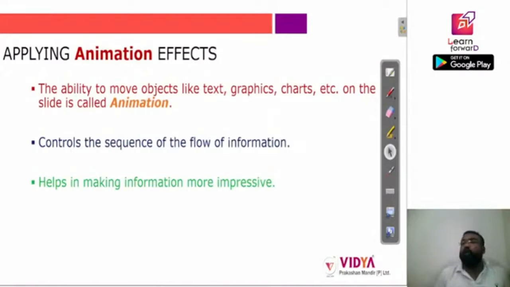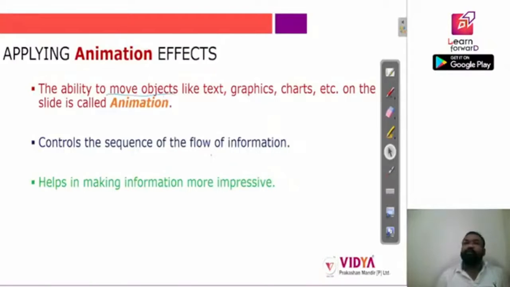So basically, what are animations? I hope you have heard this word earlier as well, or you have heard about animated videos. So animation is nothing but the ability to move the object.